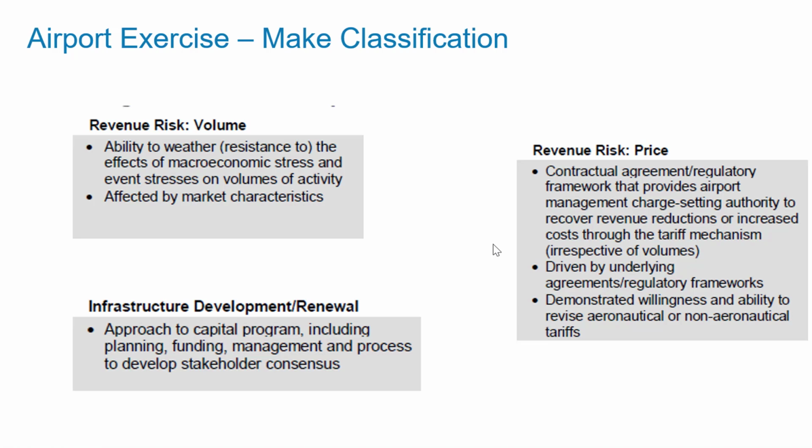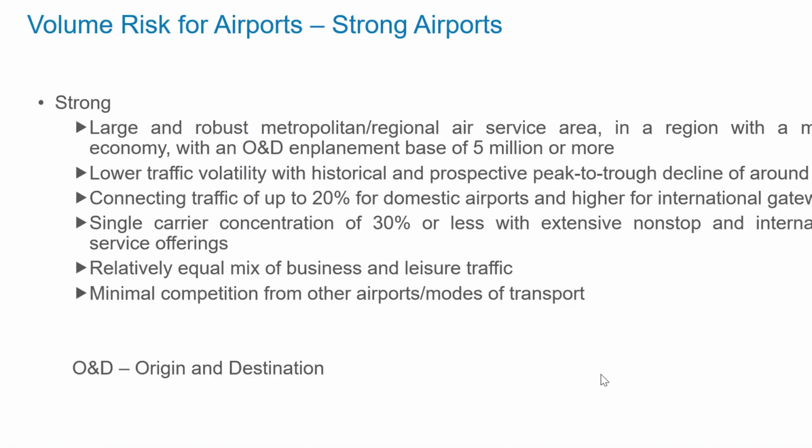You can have revenue risks depending on the contracts. Some of these revenues, you take a piece of the duty free, so there can be all kinds of things. And then they say good airports are ones that are in a big city, and they're low.